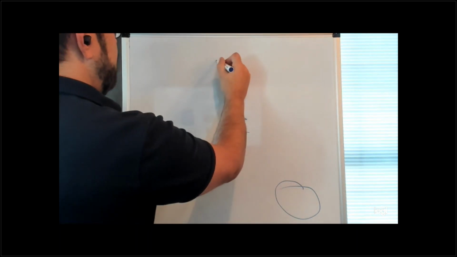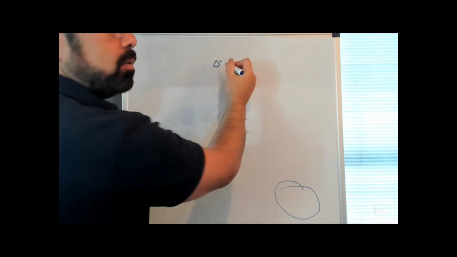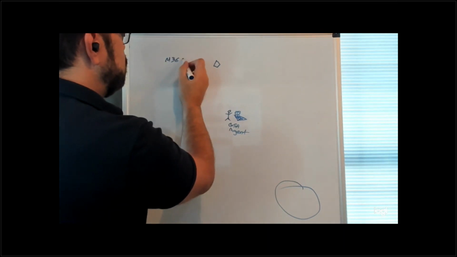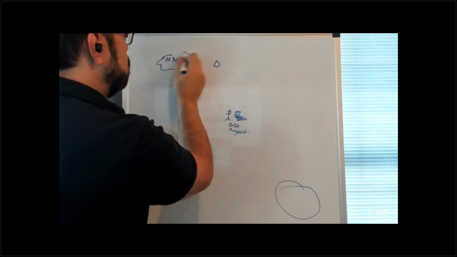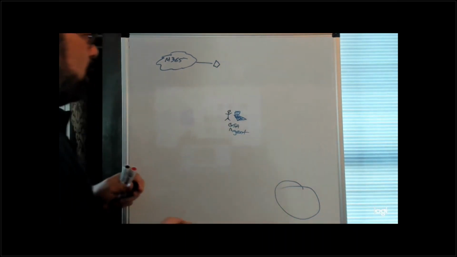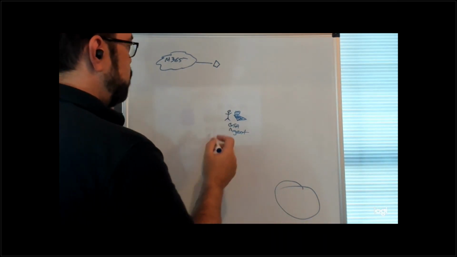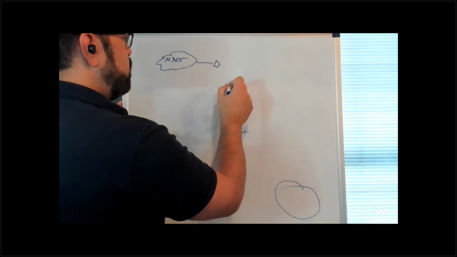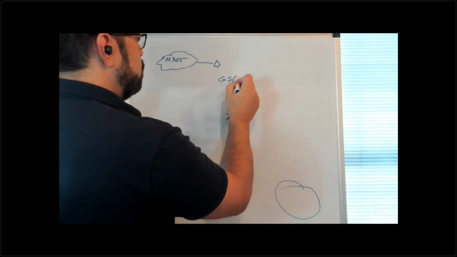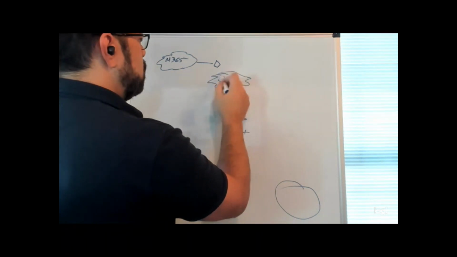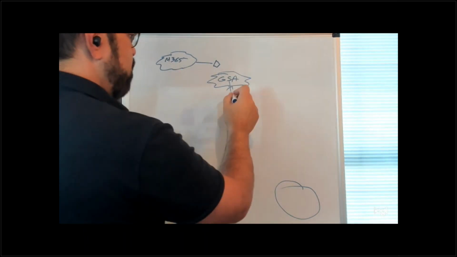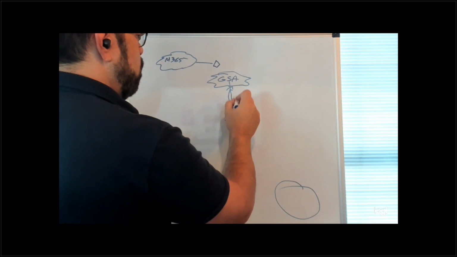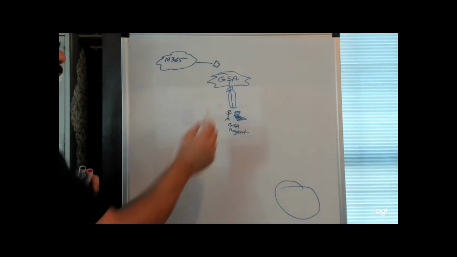But then we've got Entra and M365. And the GSA agent actually talks to the GSA service and forwards the traffic to it. And it does that with secure tunneling.